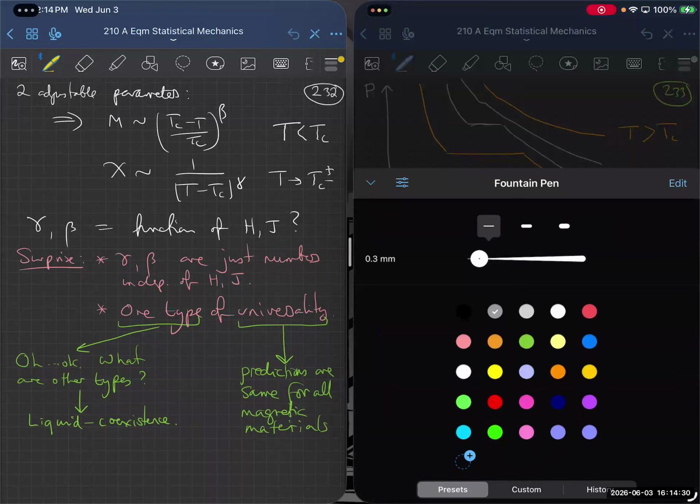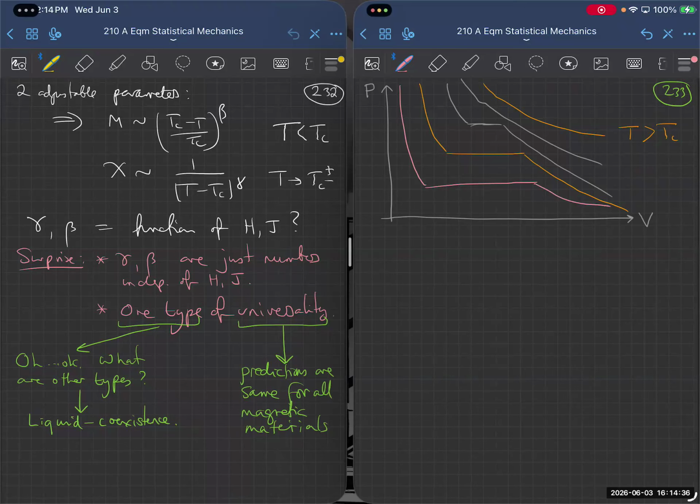Something like that. And if I were to join up these points here, these curves are all temperatures which are less than Tc, and the further I go down, the further below Tc they are. So this one here is the one at Tc, this is the Pc, and this is the critical volume.